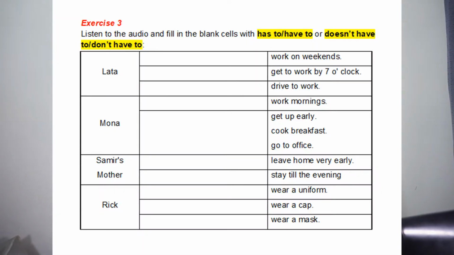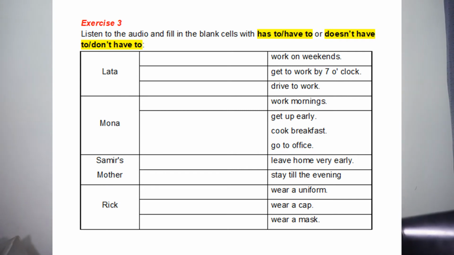I want you to go to exercise 3. You have a table with 4 names in the left column: Lata, Mona, Samir's mother, and Rick. And the central or the middle column is blank. You have lots of cells over there. And the right column, you have some things they do. They are the tasks.